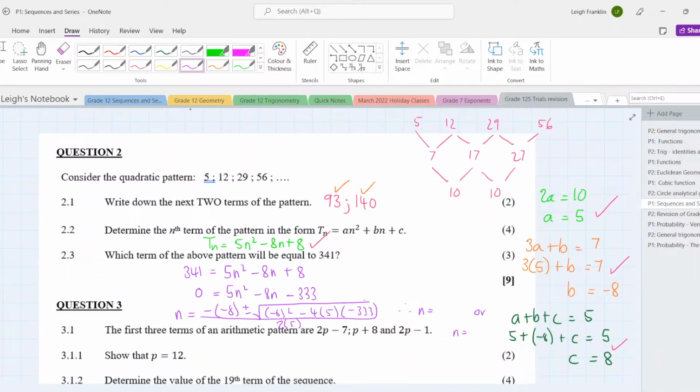What answers are you getting for n? Okay, so n equals 9. Ma'am, I got 9 and minus 7.4. Okay, all right.